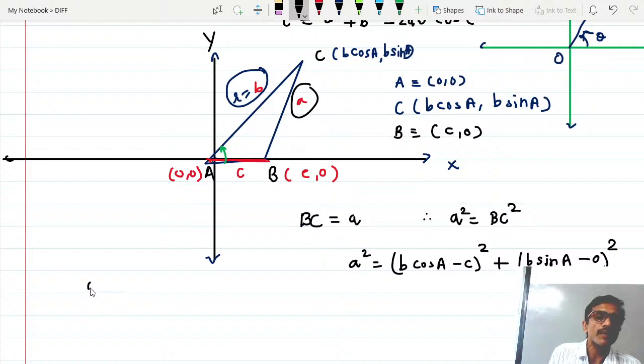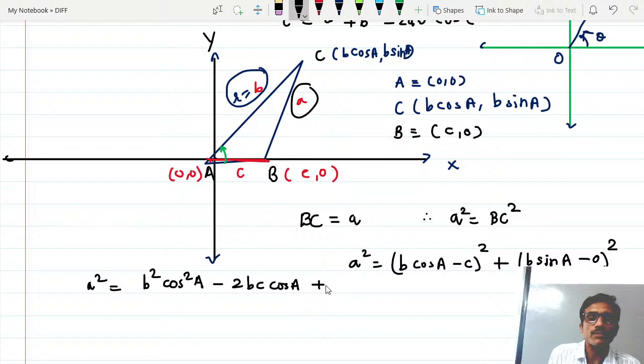Now we will expand it. a square is equal to, expanding the right hand side, B square cos square A minus 2BC cos A plus C square. This is the expansion of the first bracket.